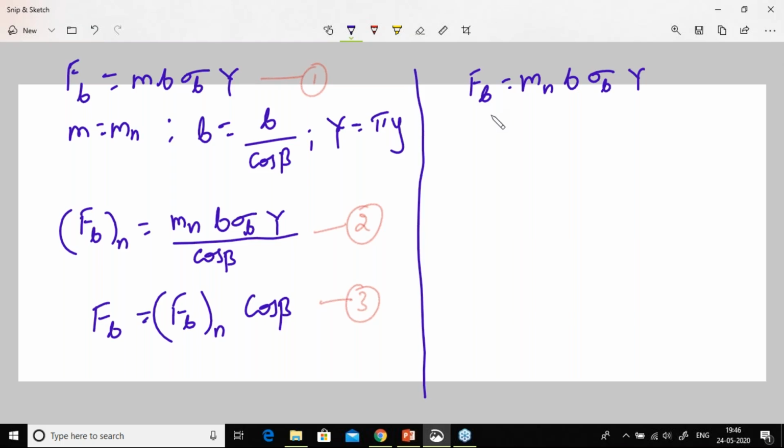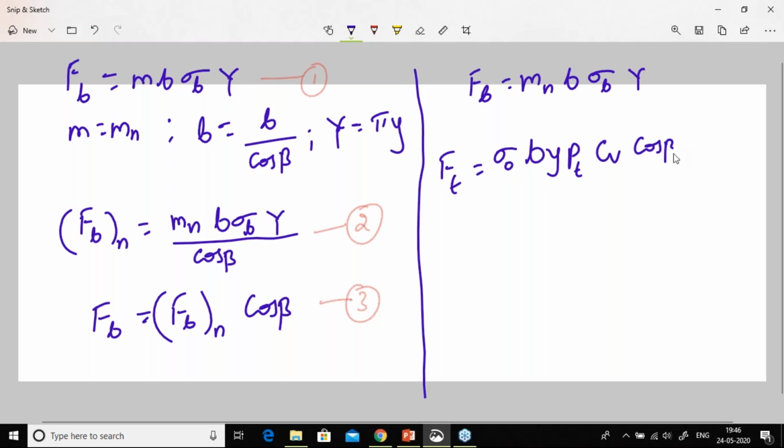The modified form of Lewis equation used in the design of helical gears is Ft, which is equals to sigma naught B Y P suffix T CV cos beta divided by C suffix W. This is the modified form of Lewis equation. So in this one, Pt into cos beta is nothing but Pn.